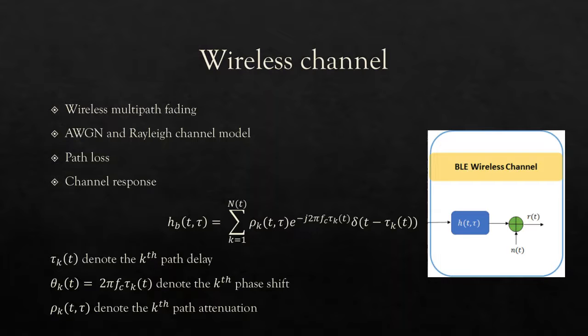For the wireless channel, we use wireless multipath fading with AWGN and Rayleigh channel model. It will have the path loss, and the channel response formula is as you can see from this slide.